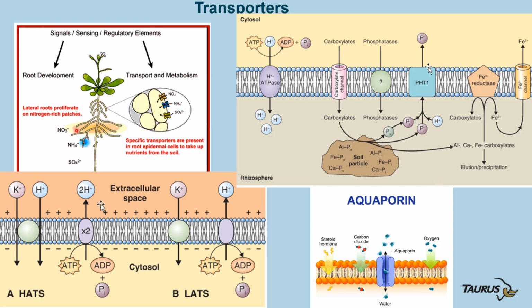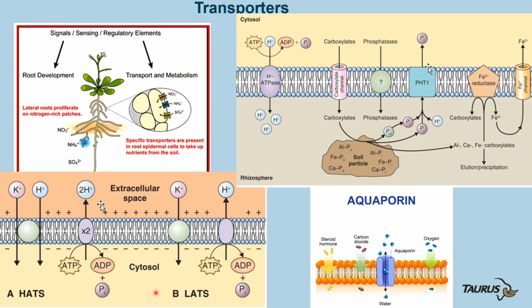And just to show you, these transporters are now stuck in the roots, so we can pull up nitrate, ammonium, and sulfate. Right here, I can read this a little better. Nitrate, ammonium, and sulfate, plus all kinds of other transporters. They have something here called high affinity transporters and low affinity transporters.